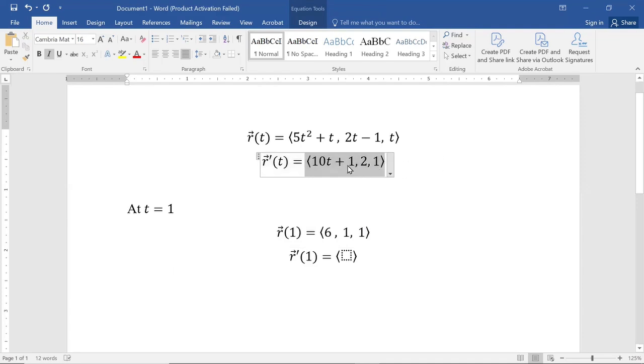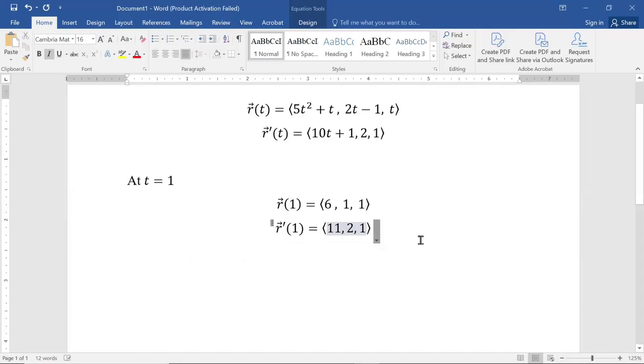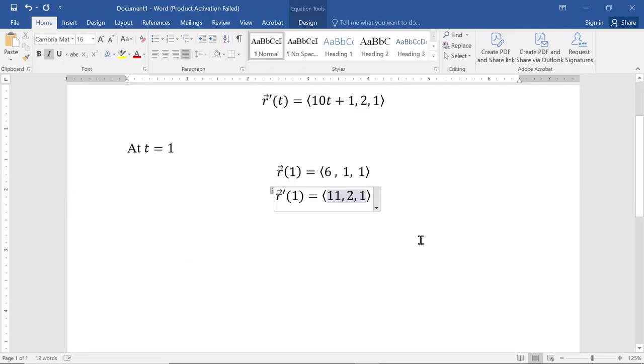So I'm going to plug in 1 into this function here, and I'm going to say 10 times 1 plus 1 gives me an 11. And then no matter what I plug in, my y component is a 2, my z component is a 1. So I get 6, 1, 1 for when I plug in 1 into the function, and I get 11, 2, 1 when I plug in 1 into the derivative.